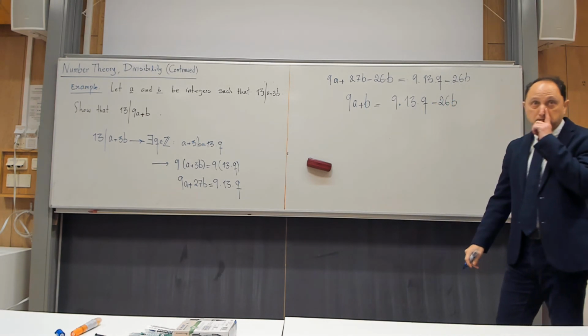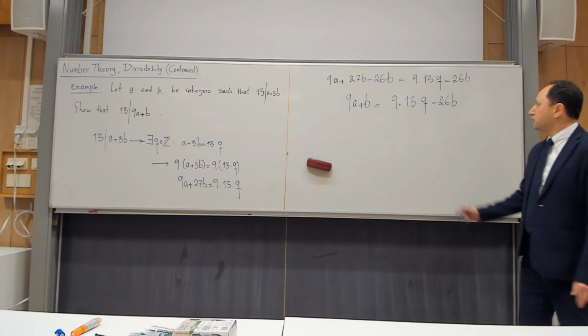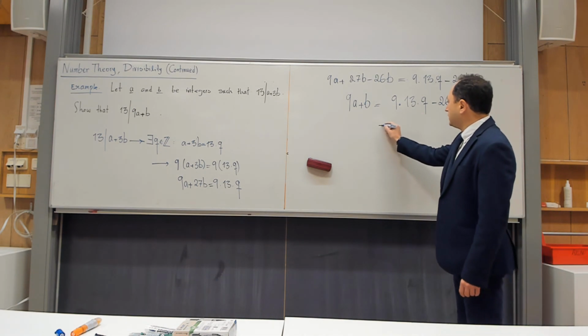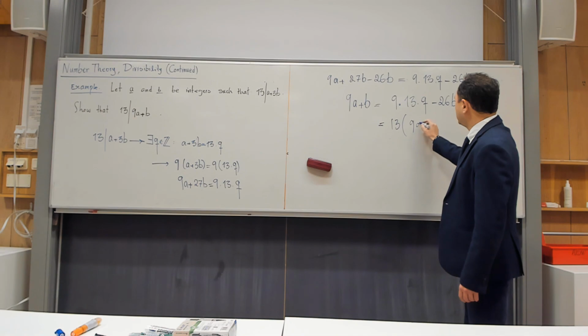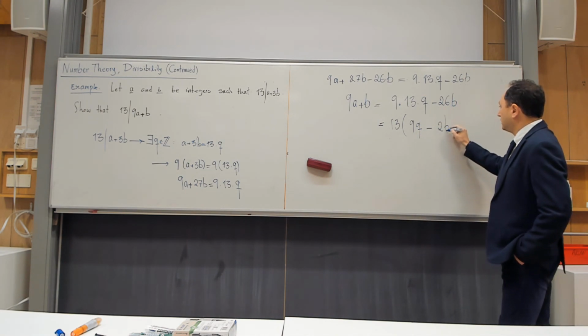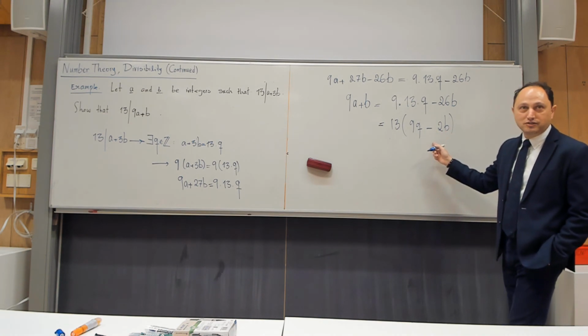Then what? 26 is 13 times 2. Thank you. So you need to factor a 13 out. So I can factor a 13 out. What is left is 9 times q, and from here, 2b. That is important. You don't need to have the most beautiful quotient.